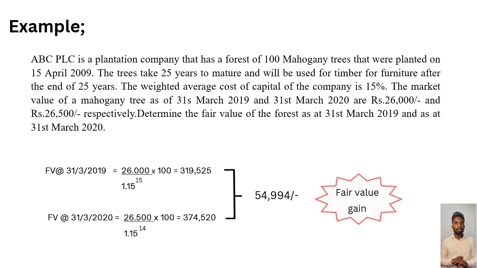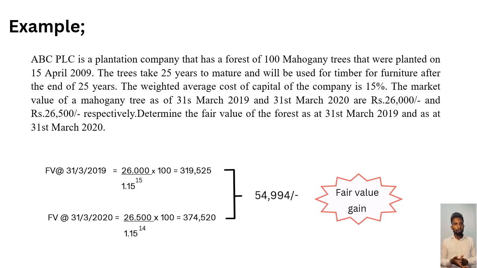The market value of the mahogany trees as of 31st March 2019 and 31st March 2020 are 26,000 rupees and 26,500 rupees respectively. Determine the fair value of the forest as at 31st March 2019 and as at 31st March 2020.